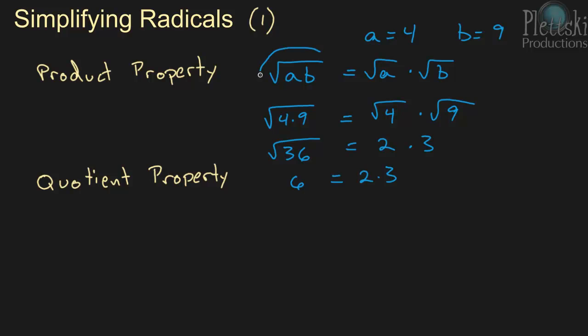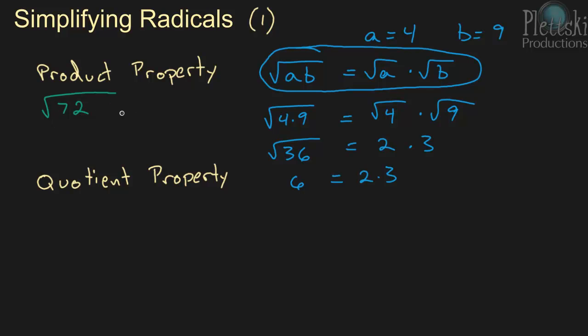So this property stands, the product property. Something we need to be aware of is that the square root of a times b equals the square root of a times the square root of b. One way that we'll use this is when you need to simplify a radical. Let's say you have the square root of 72.